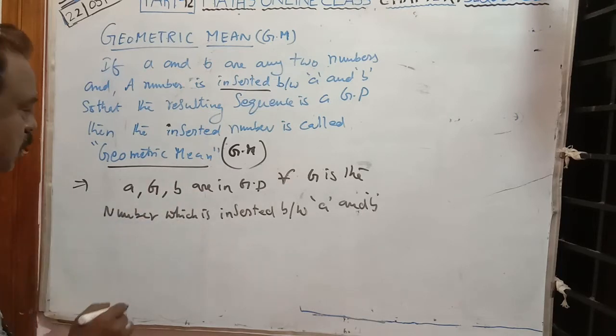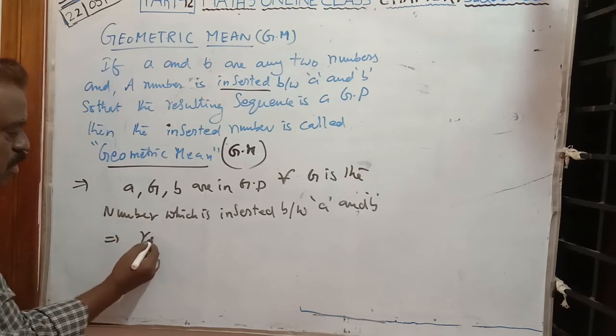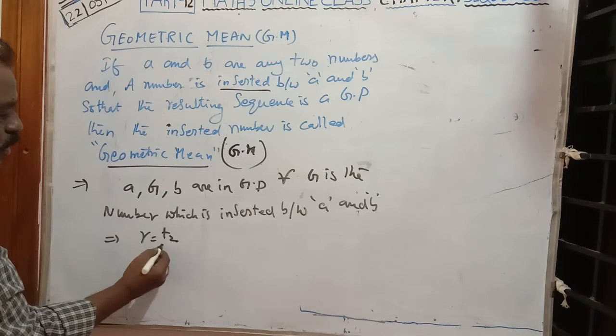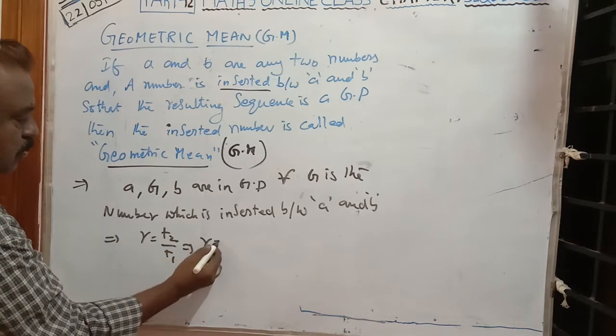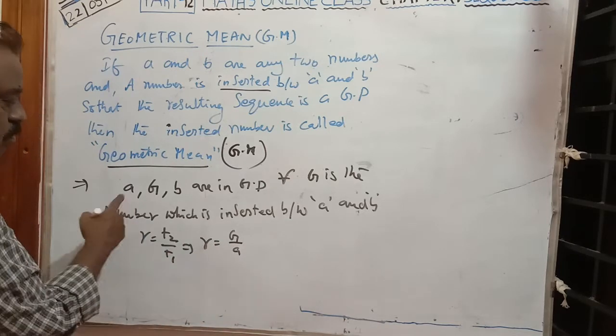Here R, the common ratio, is equal to T2 by T1. That implies R is equal to G by A.